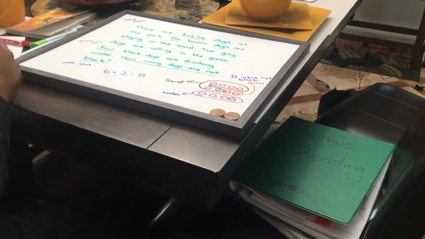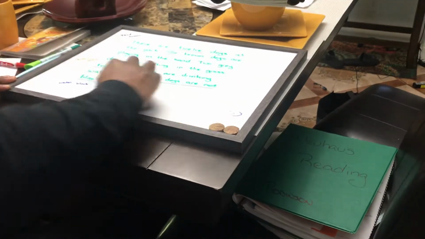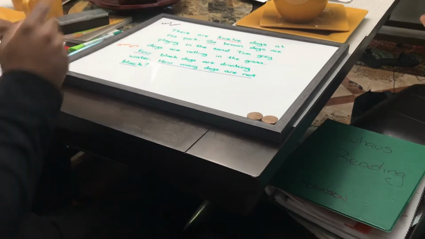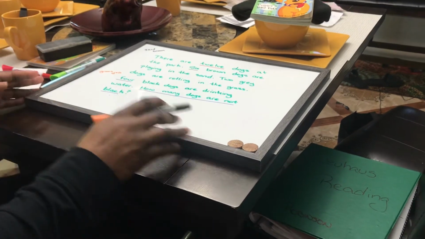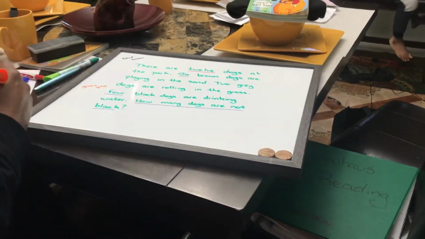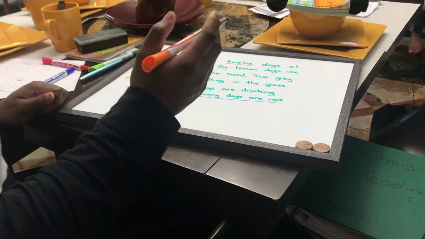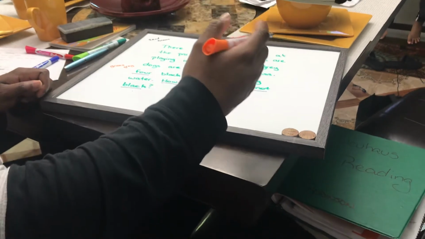So what I'm going to do is erase this over here. And now I am going to write a complete sentence stating the answer to the question, how many dogs are not black? The answer is going to be 8 dogs are not black.